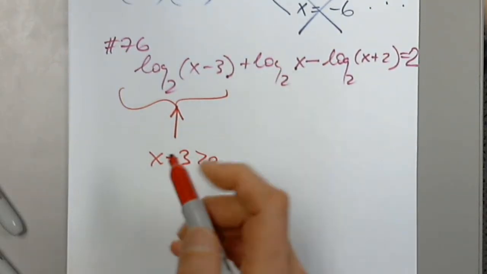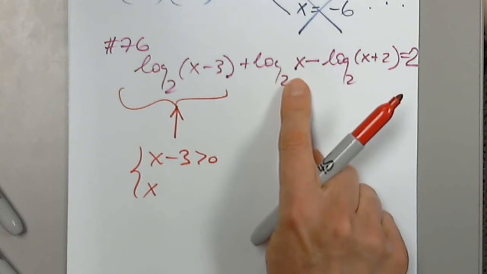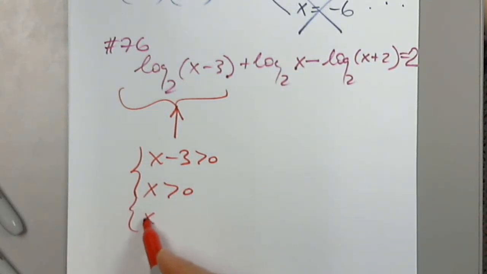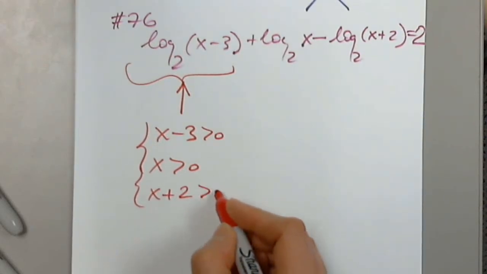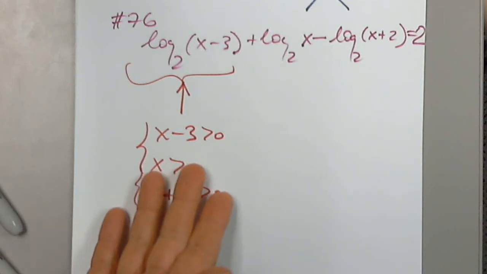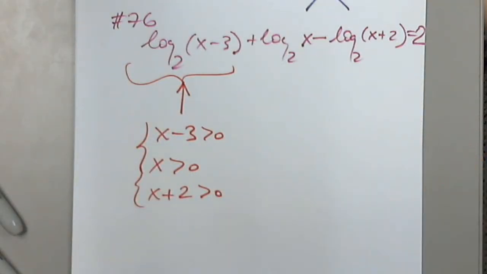For this one, x is greater than 0. Awesome. For this one, x plus 2 is greater than 0. Very good. So we stated restrictions, and please remember the restrictions have to be stated before you condense, because if you condense, the domain will not be the same. Be very careful. You have to state the restrictions on the raw equation.